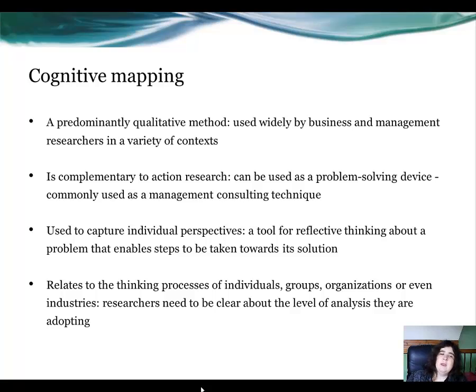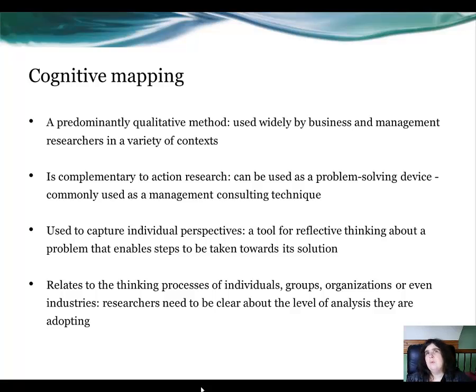And finally, cognitive mapping. This is a method used within qualitative research, and it's used widely by management and business researchers. It can be used as a problem-solving device, commonly used as a management consulting technique.